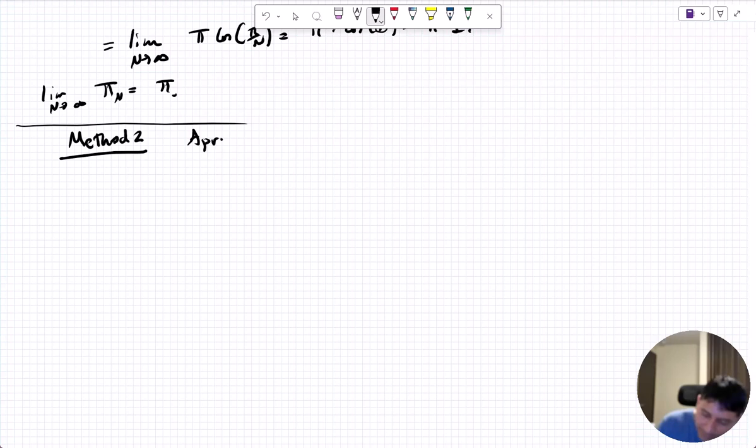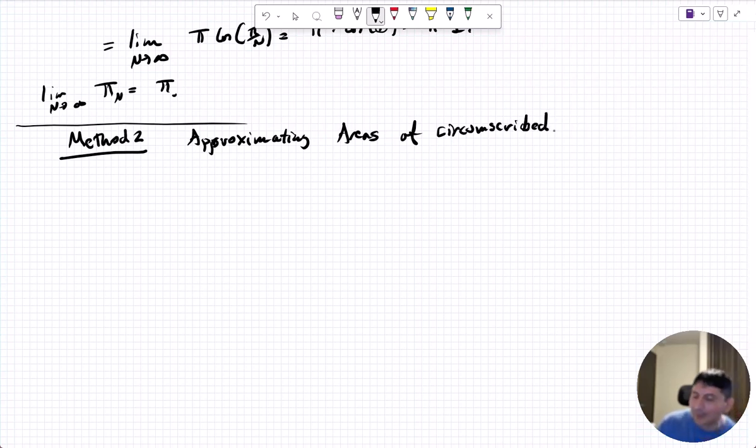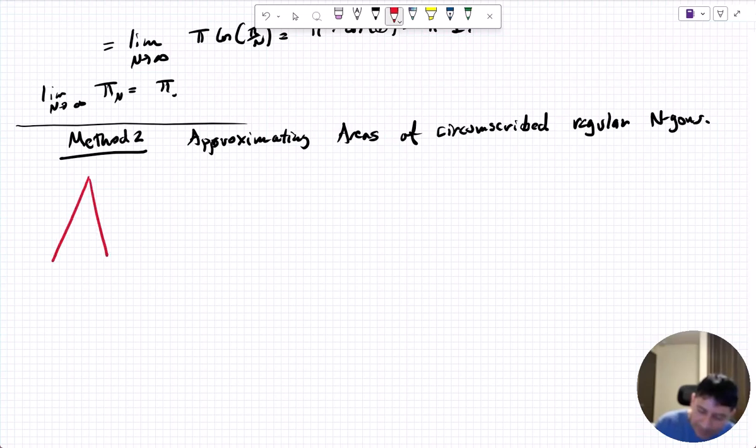Approximating areas of circumscribed regular capital n-gons. I'm going to learn to spell again. So once again, we're going to look at the slice of the n-gon.